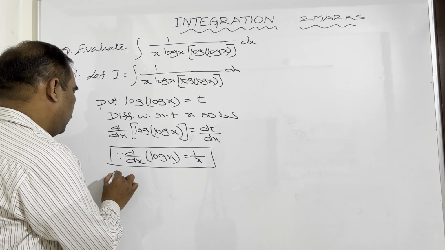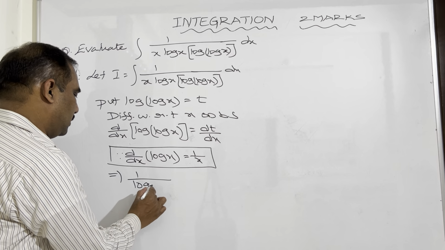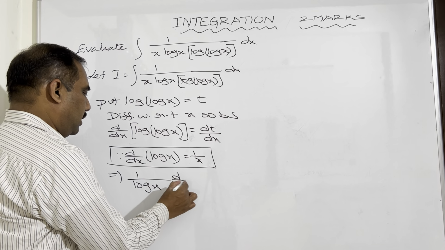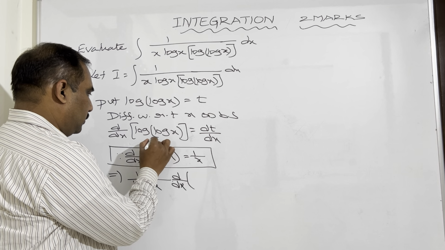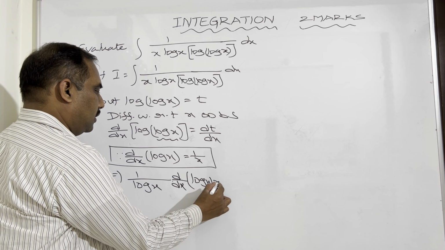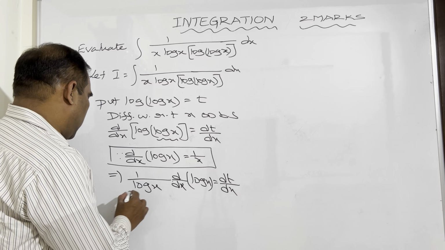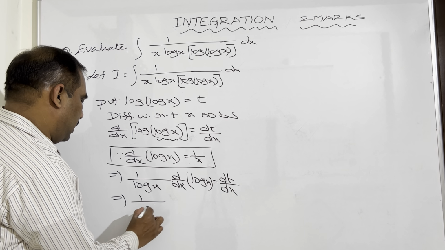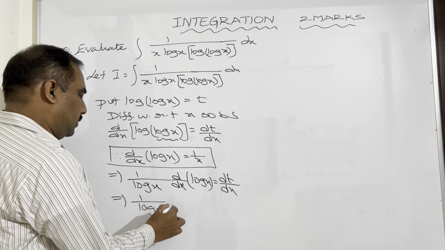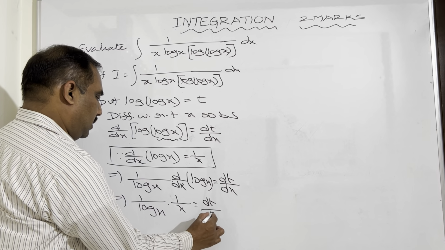So here we can write first 1 by log x, into again the derivative of log x, d by dx of log x, which is equal to dt by dx. Now this implies 1 by log x into the derivative of log x, which is 1 by x, is equal to dt by dx.